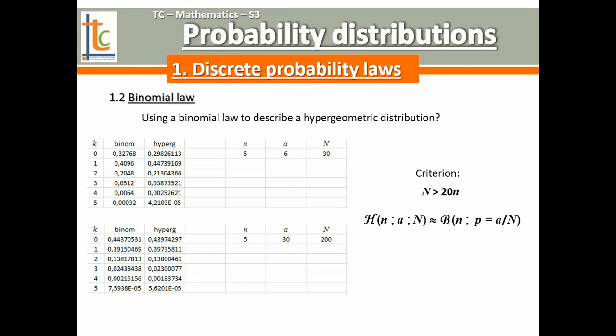And we will see why a Poisson distribution is sometimes used instead of a binomial distribution. And we will see again and again that distributions can be used instead of some others if some kind of criteria are met. This is a general rule in statistics and in inferential statistics.